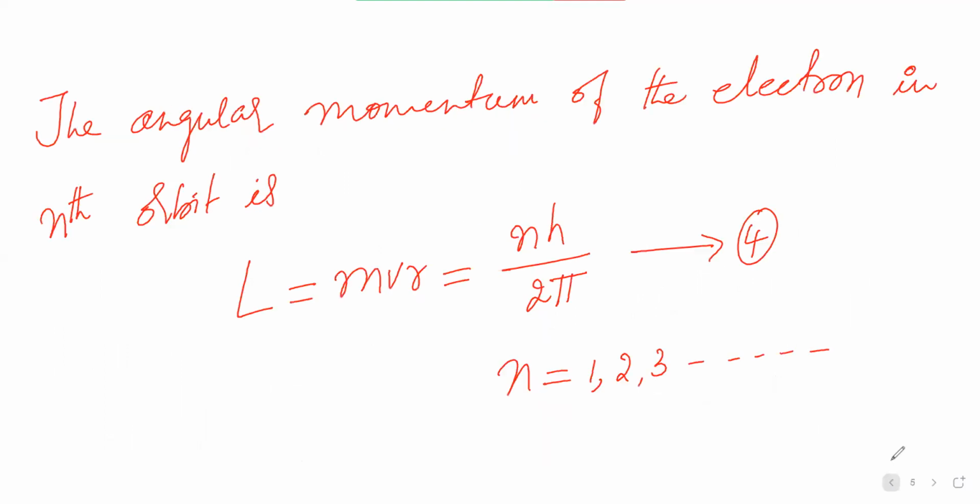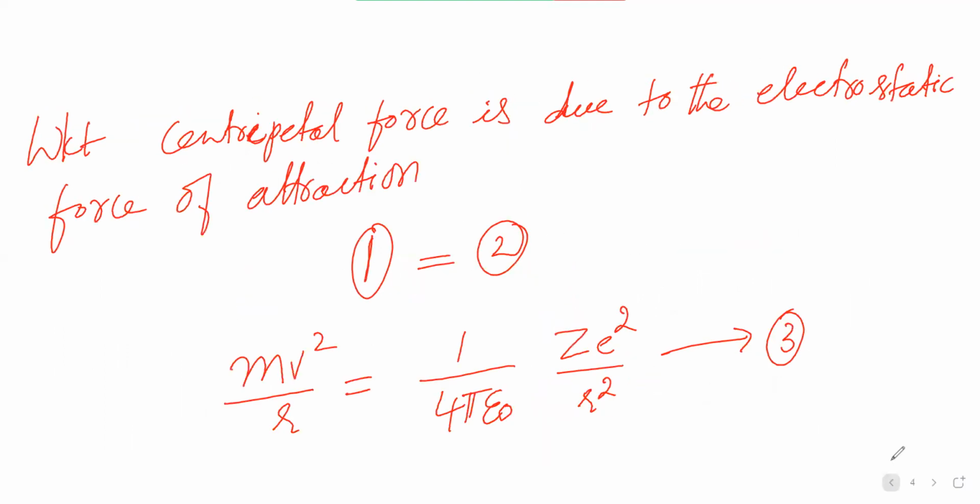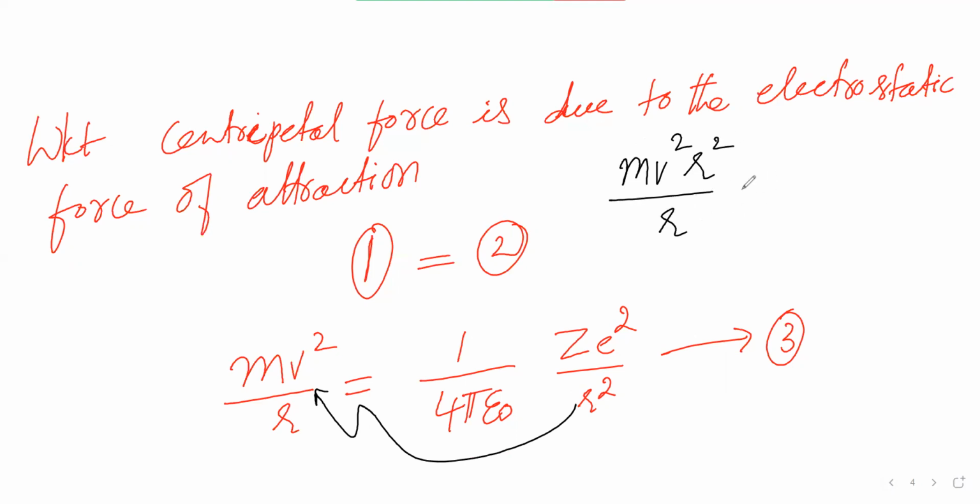In this expression, the third expression, if you have a doubt, we can reframe it. I'll cross multiply r here. So it will become mv square into r square divided by r equals Ze square divided by 4 pi epsilon naught.